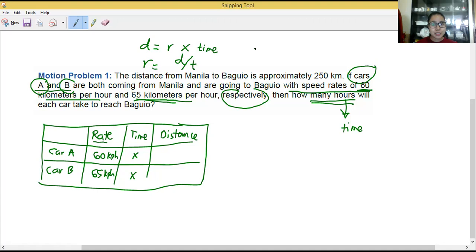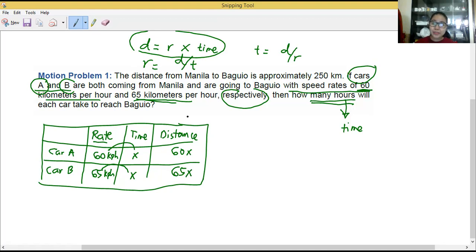If we're looking for time, that will be distance divided by rate. So we will be using the first formula, rate times time. So 60 times x, that is 60x. 65 times x, that will be 65x. So our table is now complete.